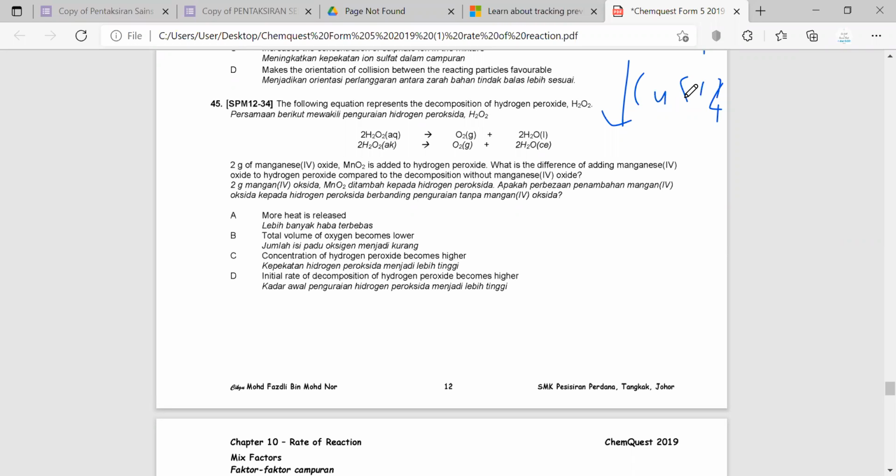Teacher puts in manganese oxide. So manganese oxide is so specific for hydrogen peroxide, yeah? What is the difference if teacher adds catalyst and if teacher doesn't add it? Faster. So which is the answer that is faster? A, B, C, or D? D. Okay, very good. D is correct.